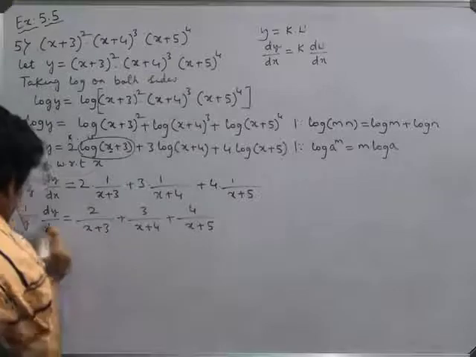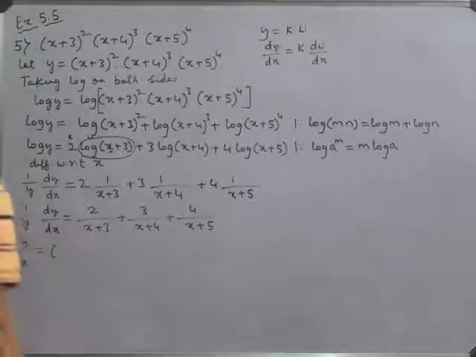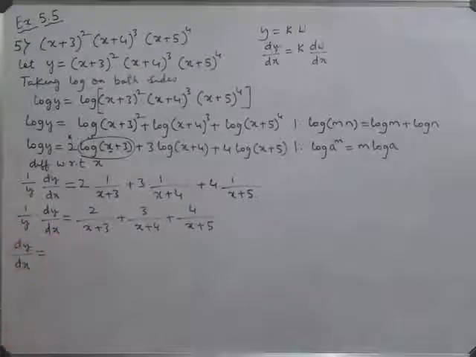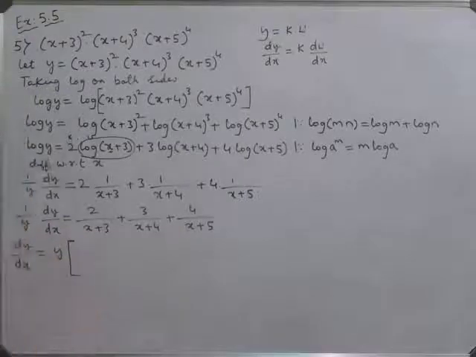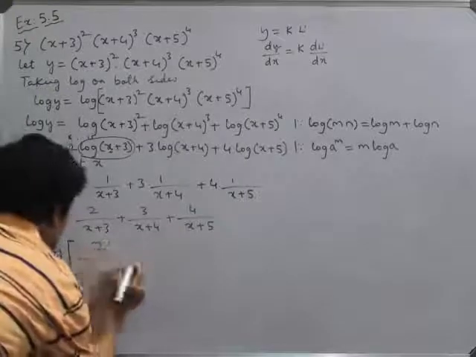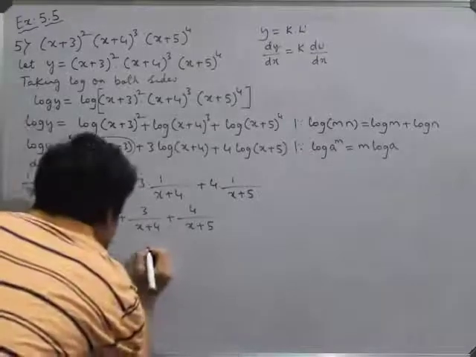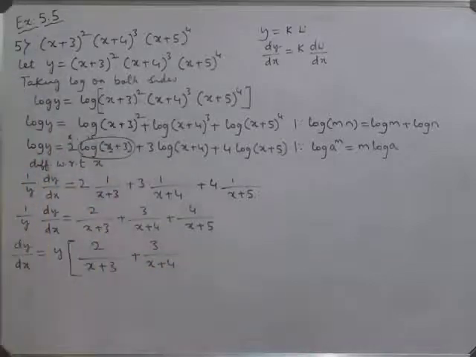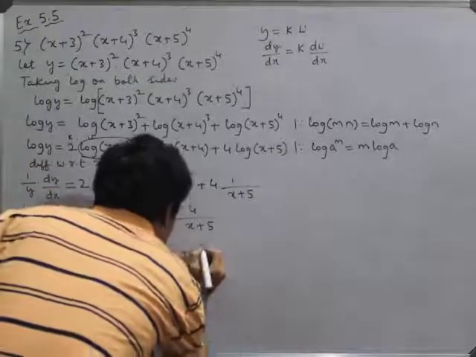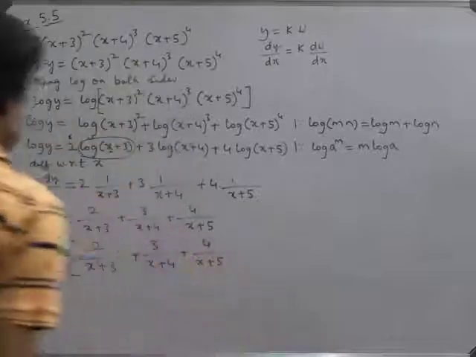So this will be y. I will directly write the value of y here. Alright, so let us write step by step. dy by dx is equal to y into 2 by x plus 3 plus 3 by x plus 4 plus 4 by x plus 5.